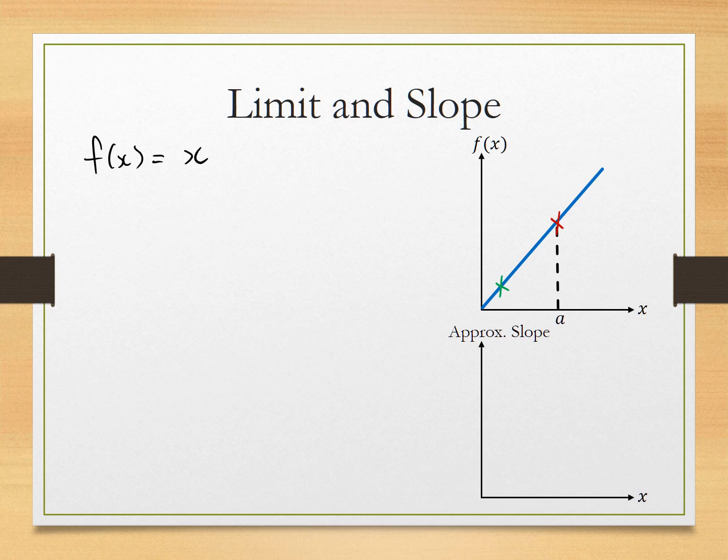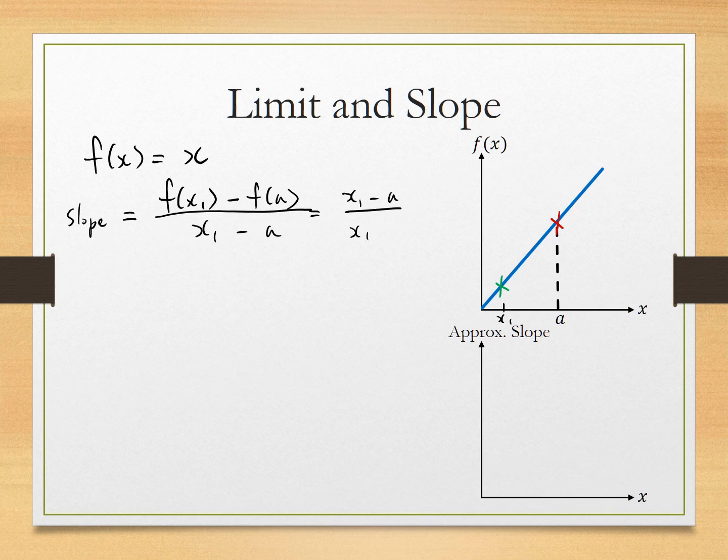When you pick a point x1, the slope you find would be f(x1) minus f(a) over x1 minus a, which is x1 minus a over x1 minus a, which is 1.